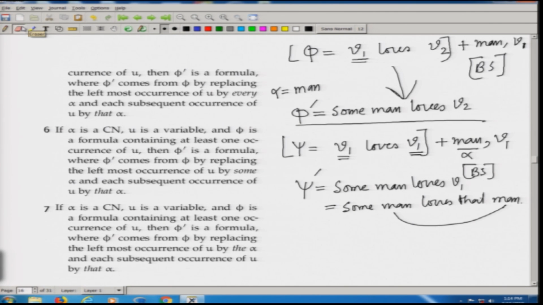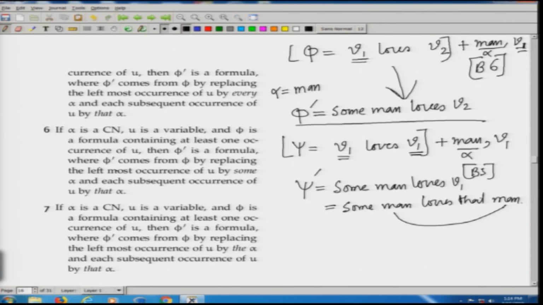Now, suppose this is our phi, and now here we are going to talk about B6, then what will happen? Everything else remains the same. Now, by following B6, you see alpha is a CN, common noun, and alpha here is man, and u a variable. What is our u? This V1, and phi is a formula containing at least one occurrence of u. It has exactly one occurrence of V1, which is our u.